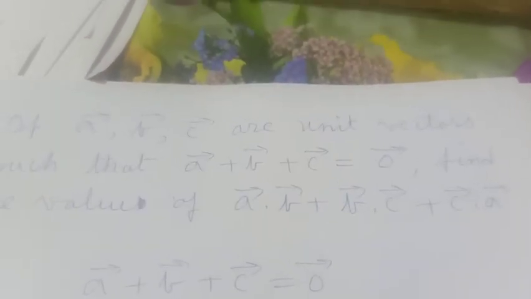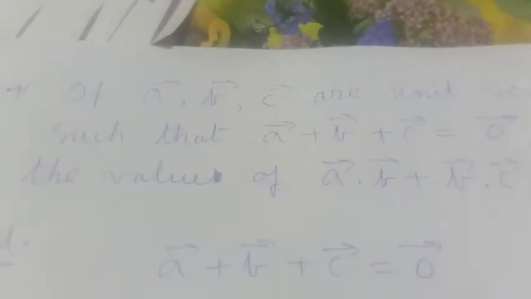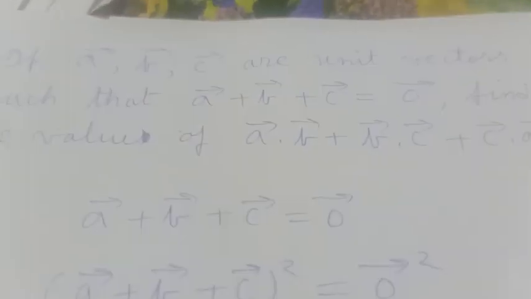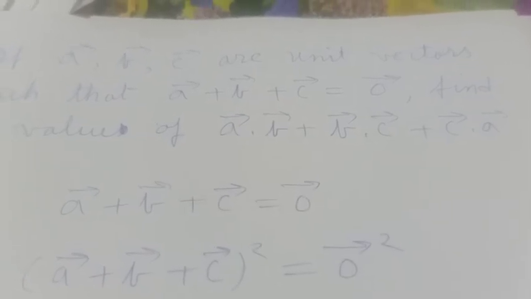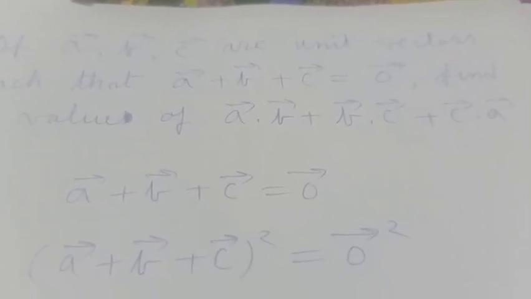Next problem. If vector a, vector b, vector c are unit vectors such that vector a plus vector b plus vector c equal to 0, find the value of a dot b plus b dot c plus c dot a. We begin with a plus b plus c equal to 0 vector, squaring both sides.